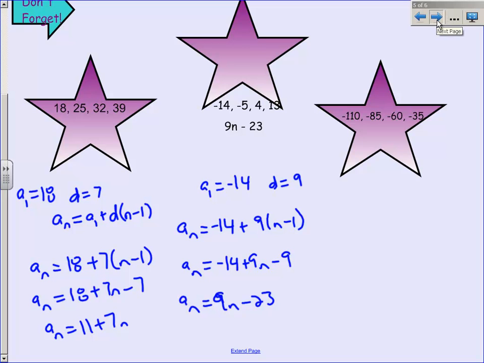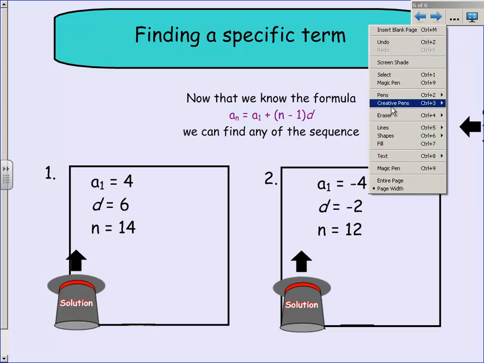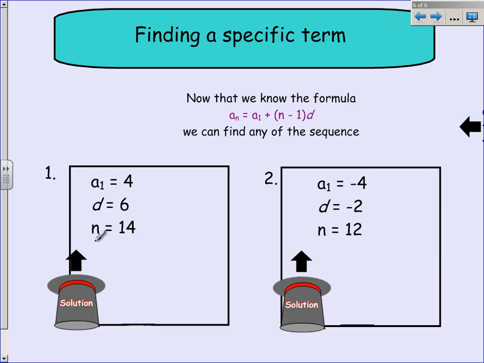What if we wanted to find a specific term in the sequence? For example, the 9th term, or the 14th term, or the 100th term, or whatever? You can write your equation a sub n equals a sub 1 plus d times n minus 1.